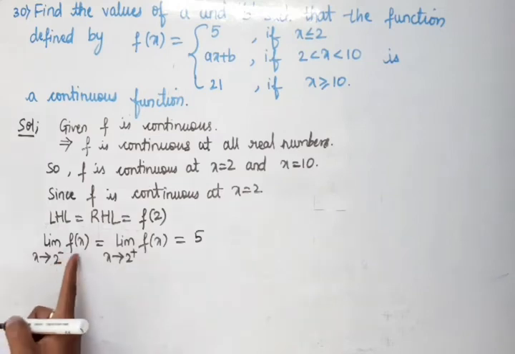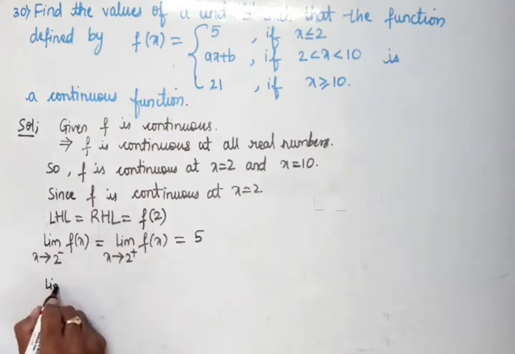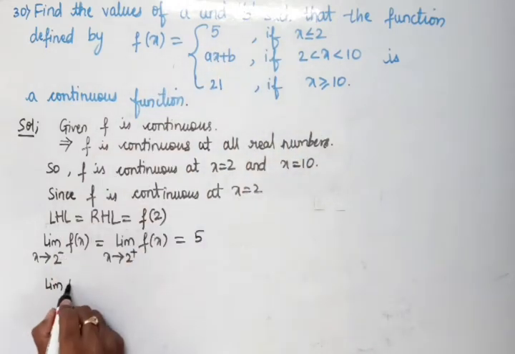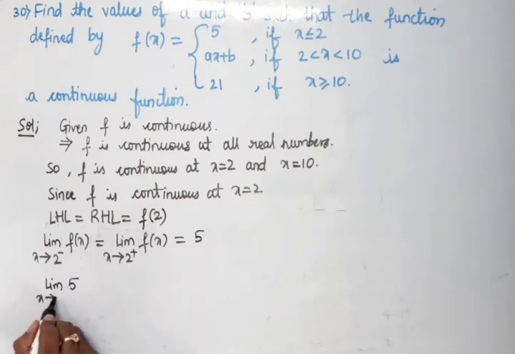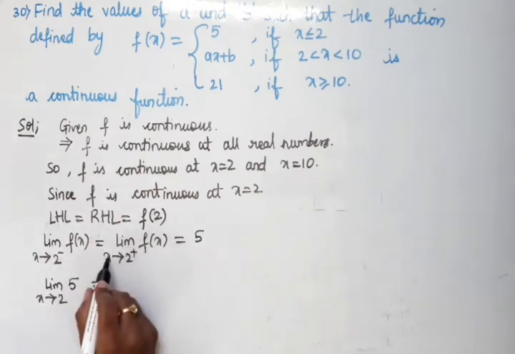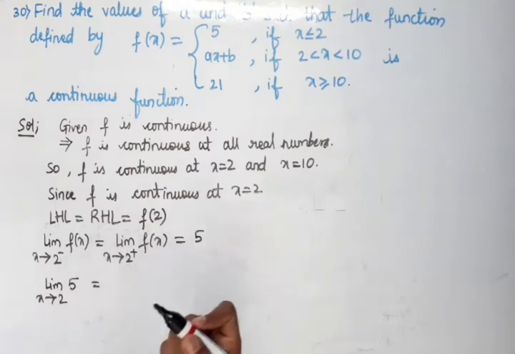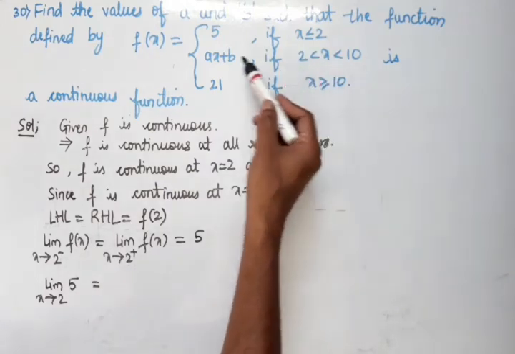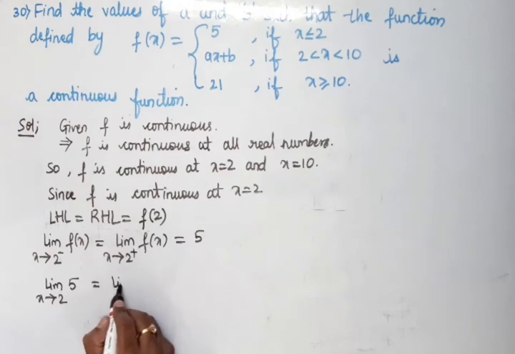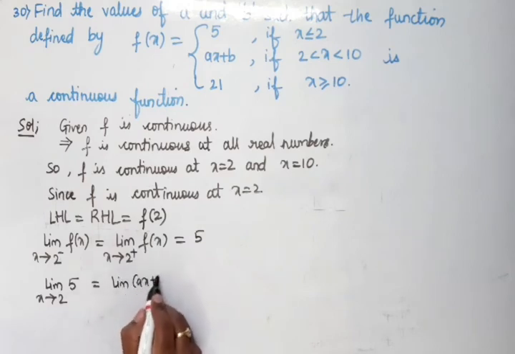Next, calculate LHL. Limit of the function f of x as x tends to 2 minus, less than 2 branch, is again the first branch. There the value is 5. This will be limit of the function f of x as x tends to 2 plus, greater than 2 branch, is the second one. Here the value of the function is ax plus b as x tends to 2.